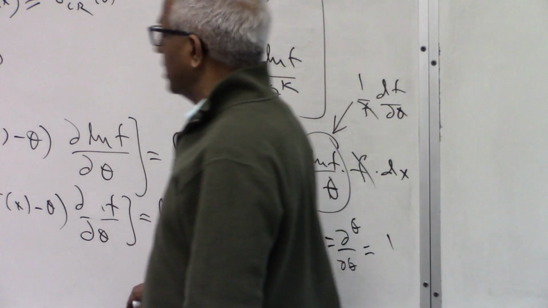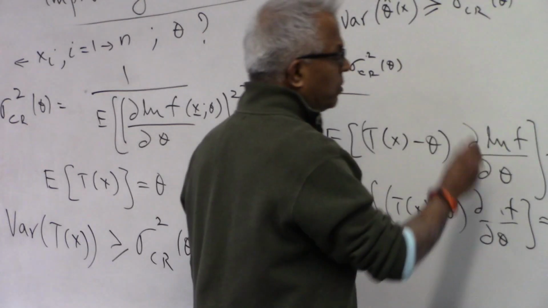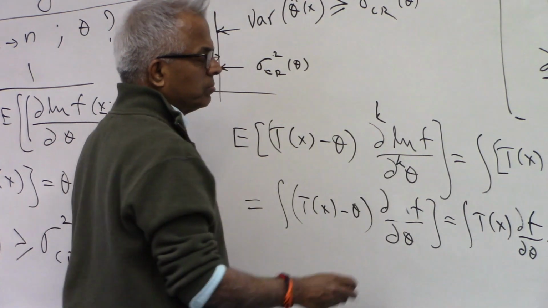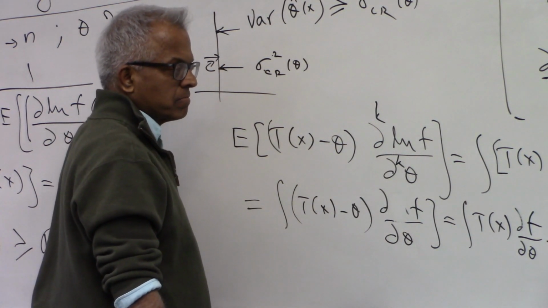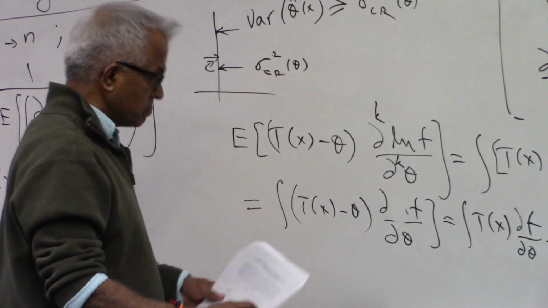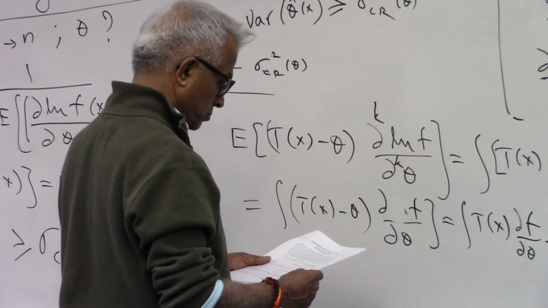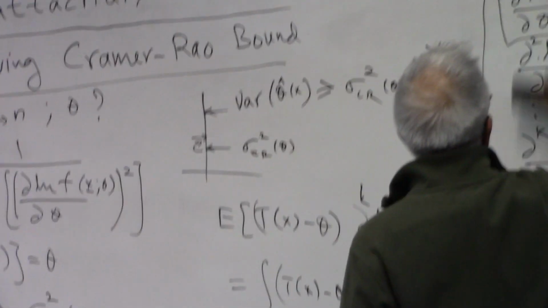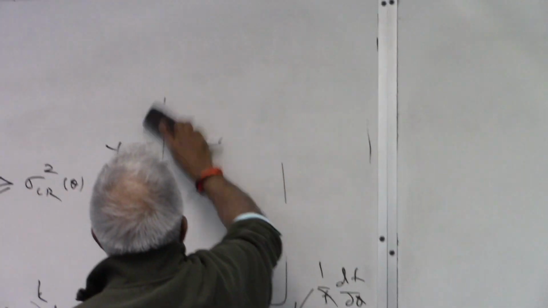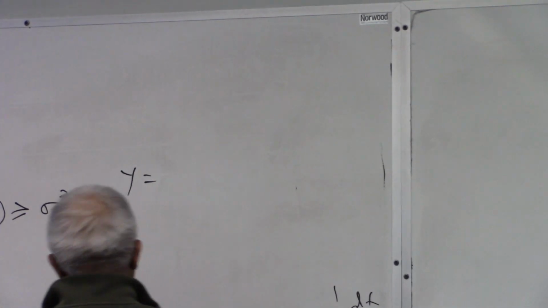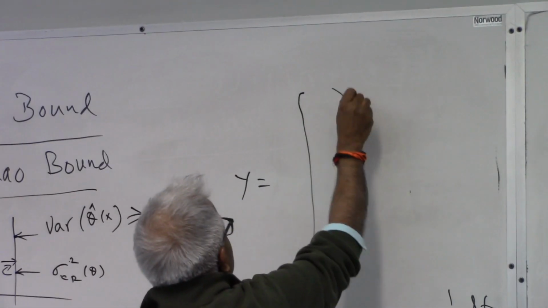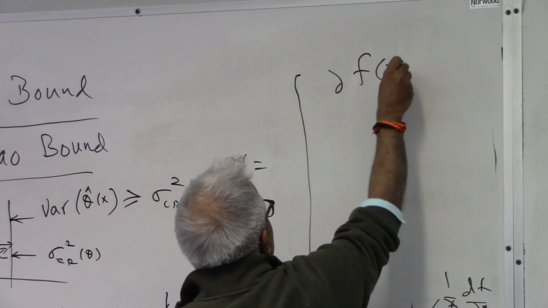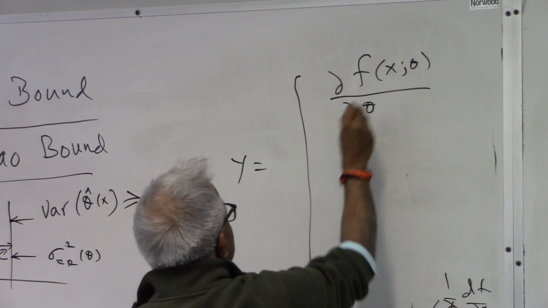Now I want to do exactly the same thing but for a higher order derivative. Let me just do it here. It's more convenient to write y in terms of just the derivative of the density function itself, because ultimately that's what matters, right?